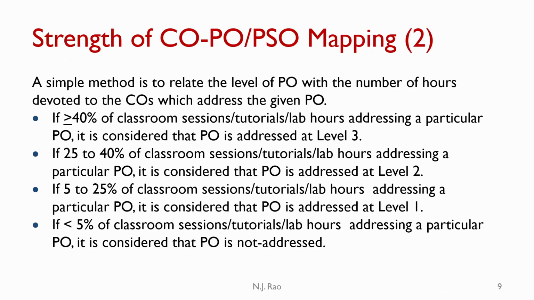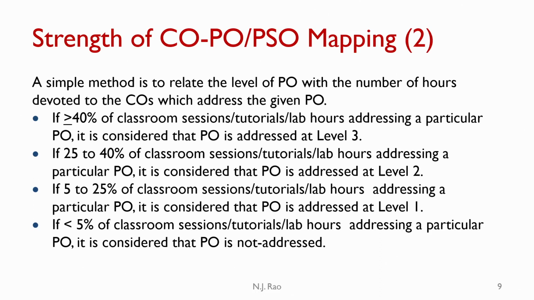We propose that if greater than or equal to 40% of the classroom sessions, tutorials and lab hours address a particular PO, that PO is considered addressed at level 3. If you do not like 40%, you can make it 50% or 60% as you wish. If 25 to 40% of the hours address a particular PO, it is addressed at level 2.